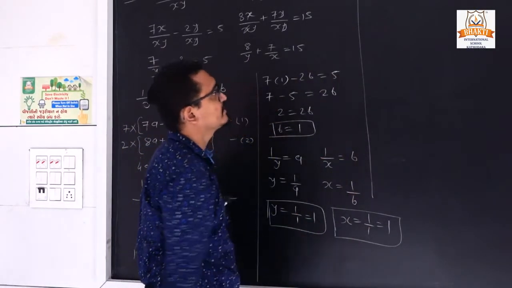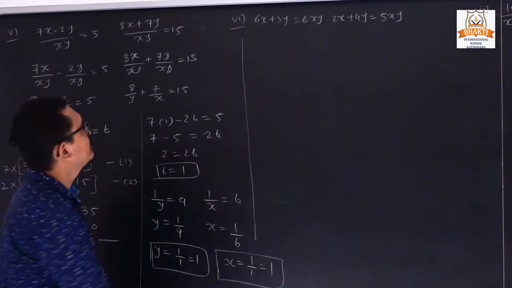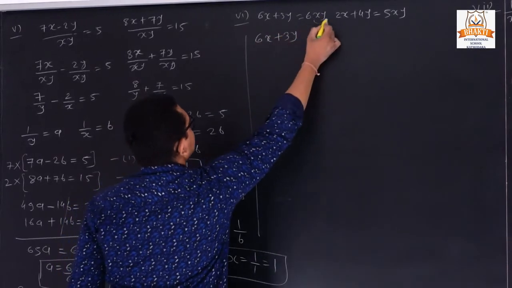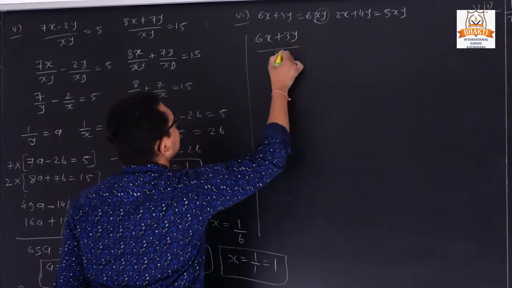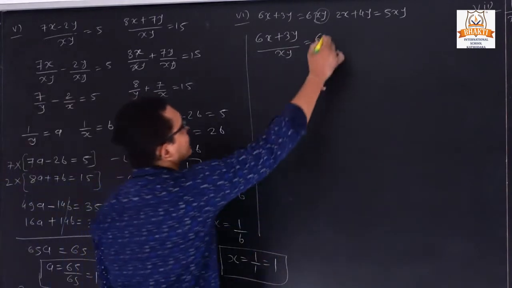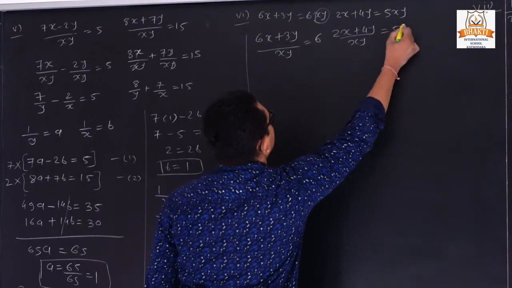Now next, we have the same sum, see this and this. How? We can also write it like that, 3y, and this xy is going into the denominator. So we can write like that. Similarly, 2x plus 4y upon xy is equal to 5.